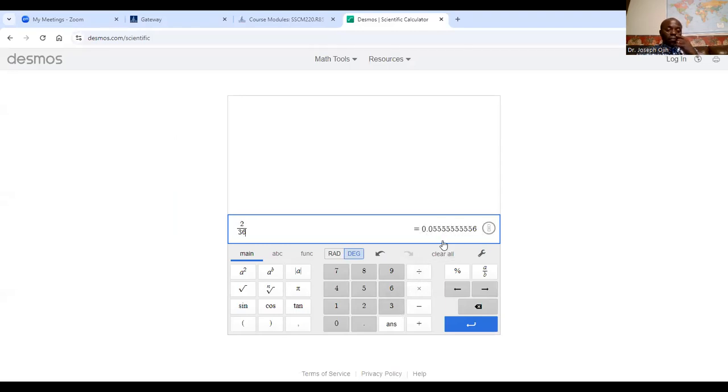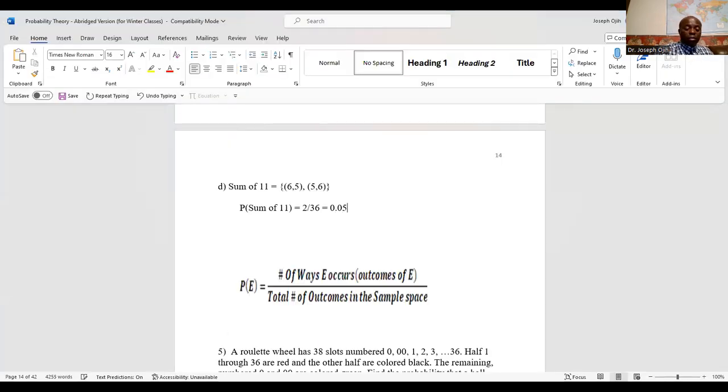Okay, 0.05555. So to 3 decimal places we give you 0.056. Or if you like, you can call it a 5.6% chance of getting the sum of 11.